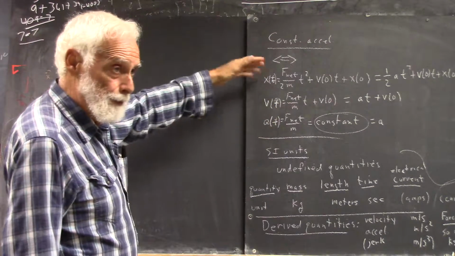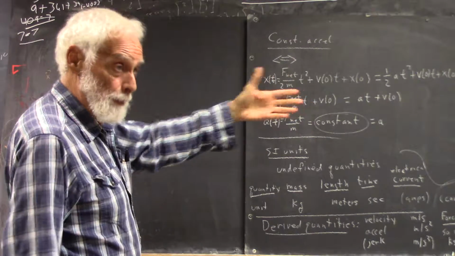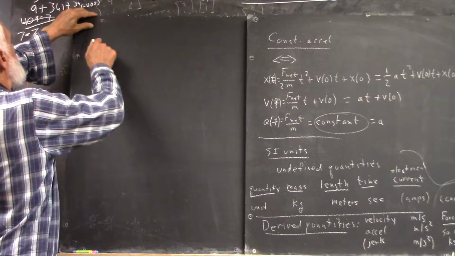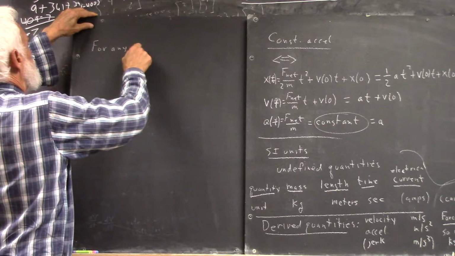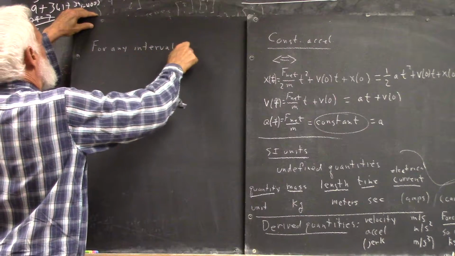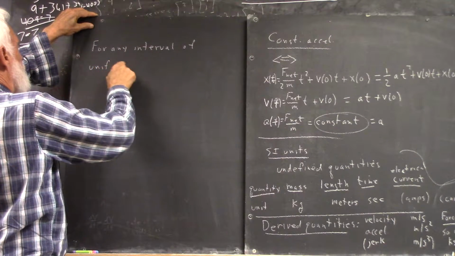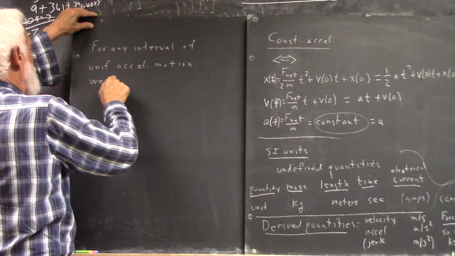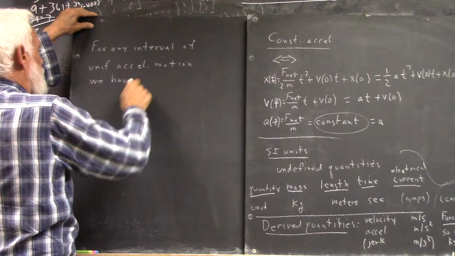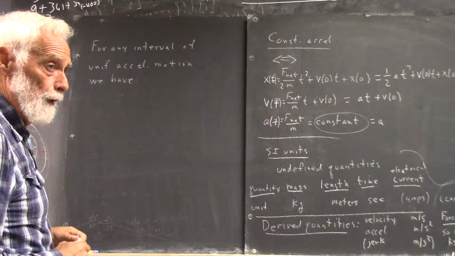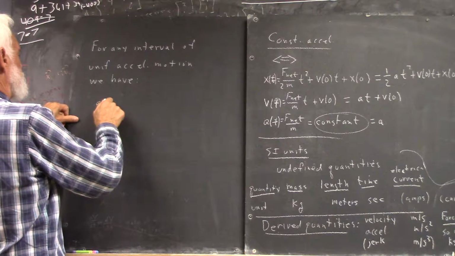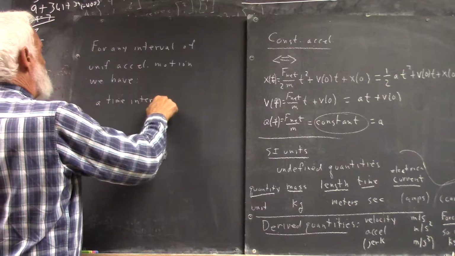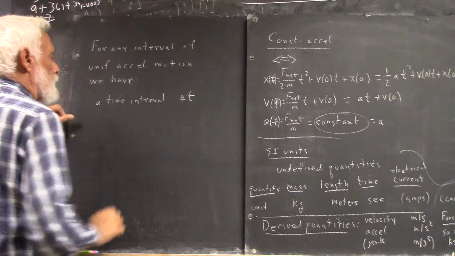Okay, this formulation does it. It's a little more convenient, and you can prove from this formulation that for any interval of uniformly accelerated motion, we have the following. Time interval delta t.